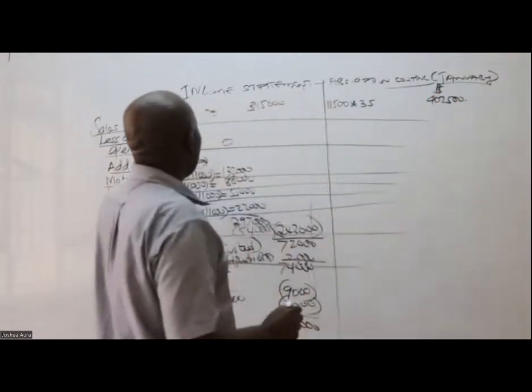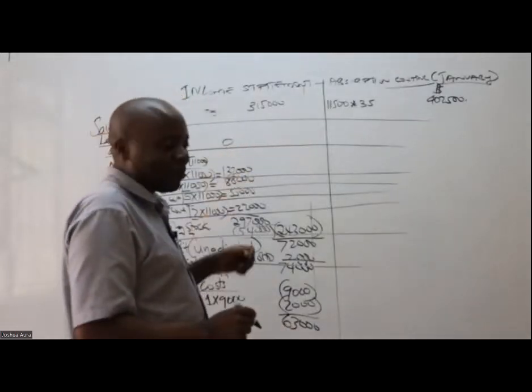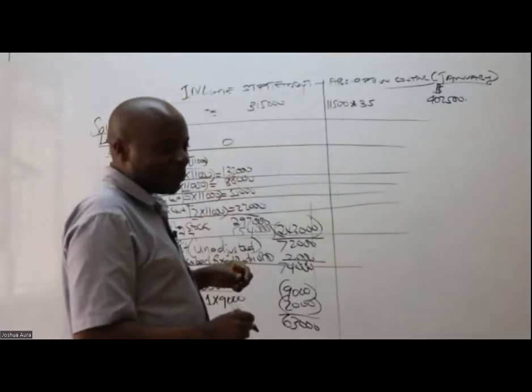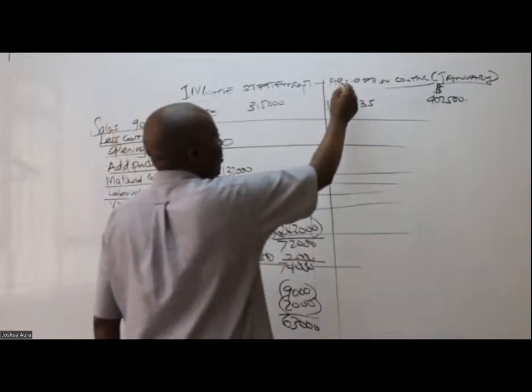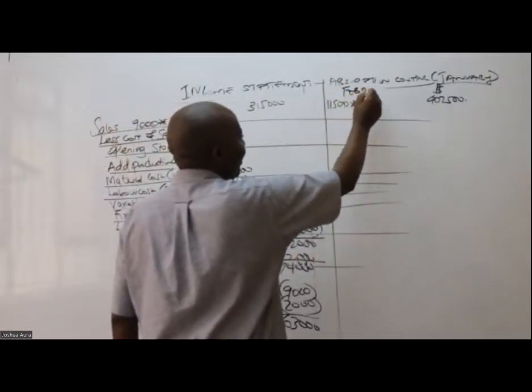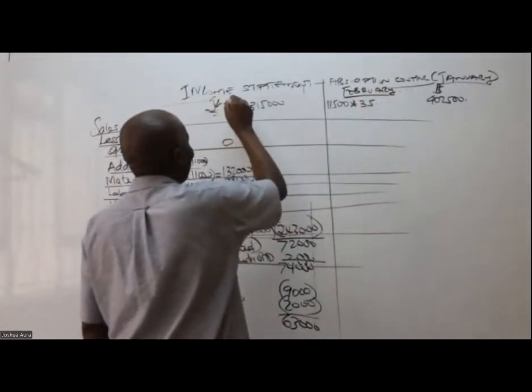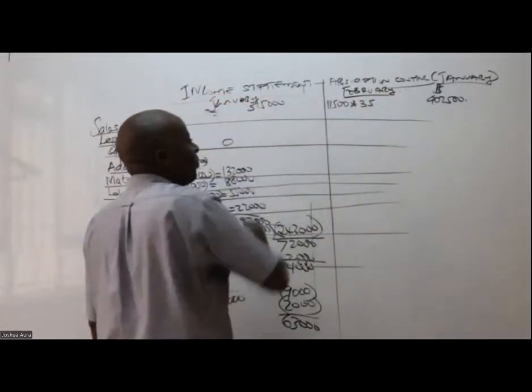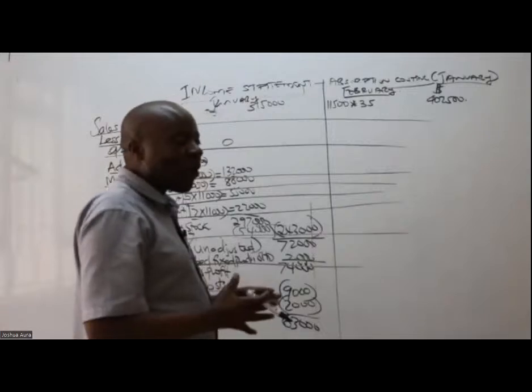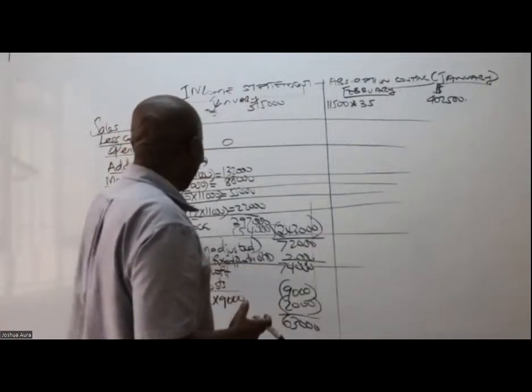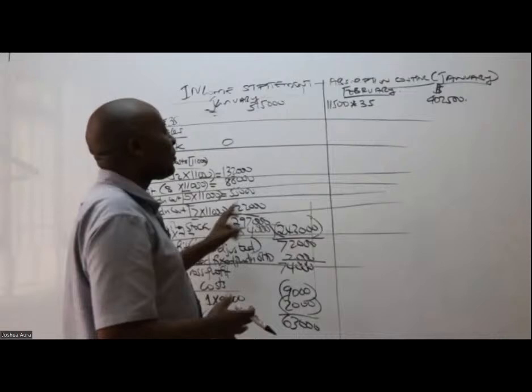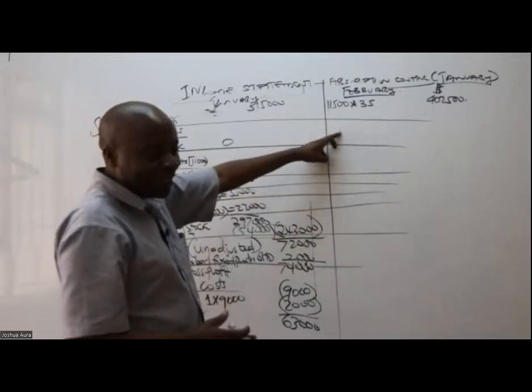So here, do we have any opening stock in the month of February? Is there somebody who can see the closing stock of January? Closing stock of January becomes opening stock in February. Great.